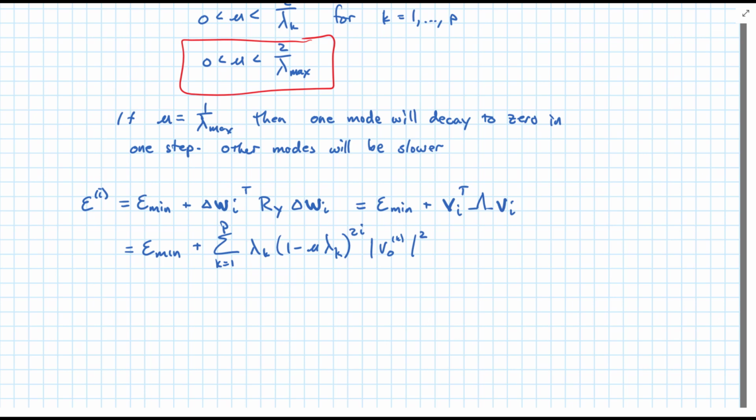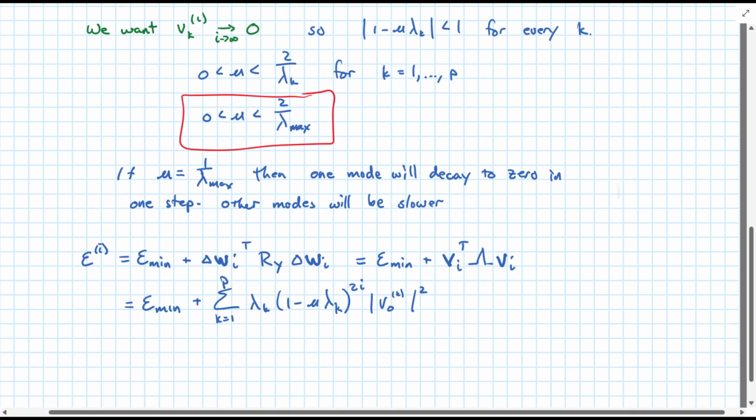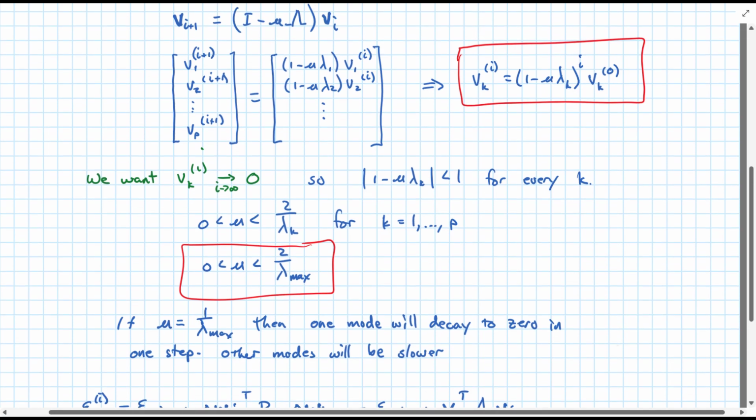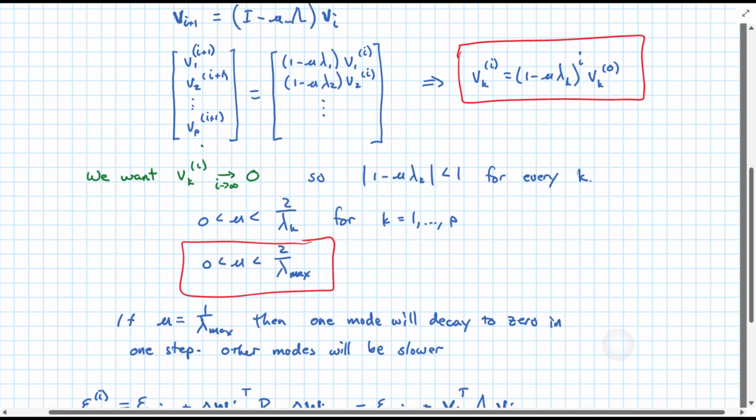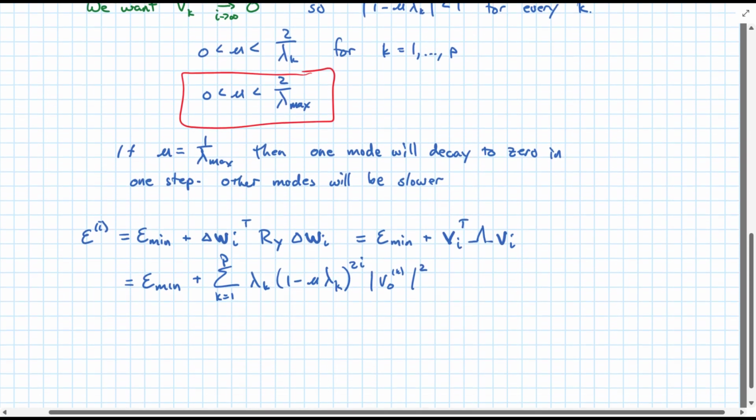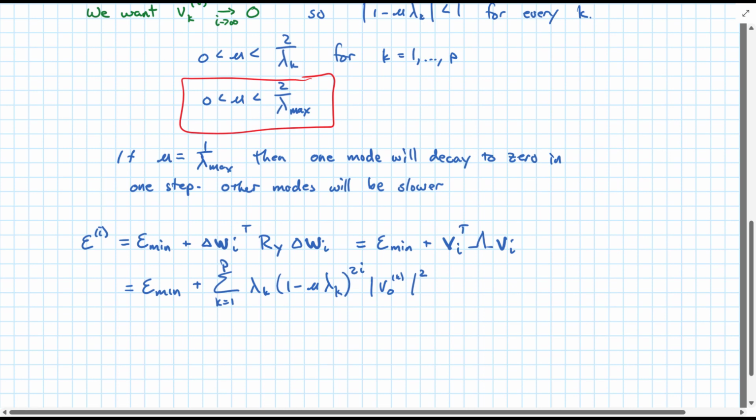Our v_i transpose lambda v_i is going to give us a quadratic term. Each of these v_i's is a function of our 1 minus mu lambda k. So when we multiply this out, we're going to get an exponent of 2i up there.